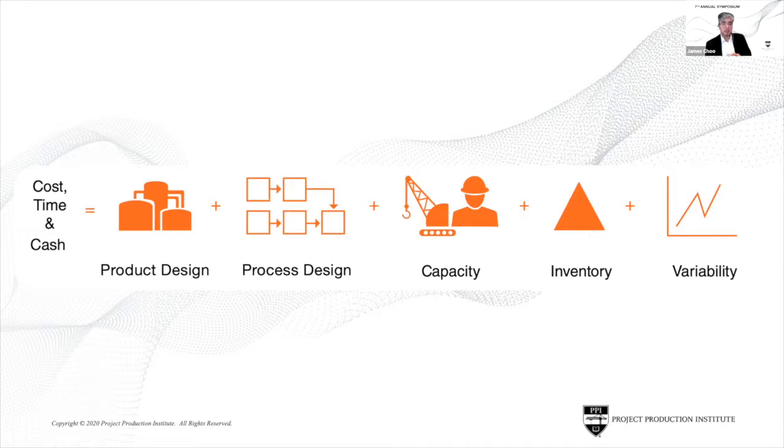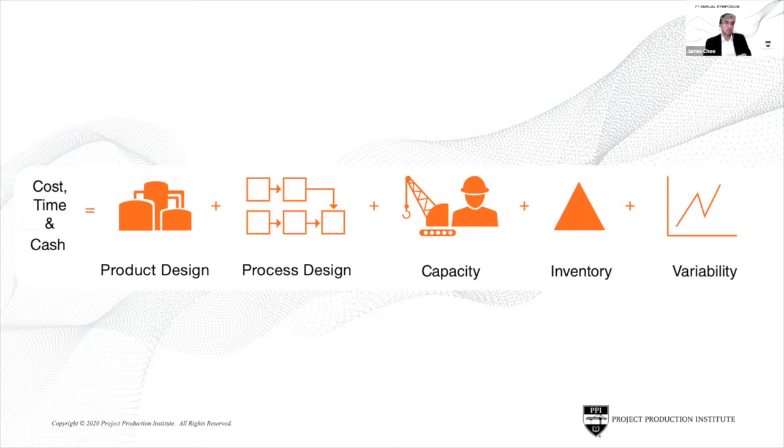So there's definitely product design, process design, capacity, inventory, and variability that determine the cost, the time it takes, and the amount of cash tied up in the system.